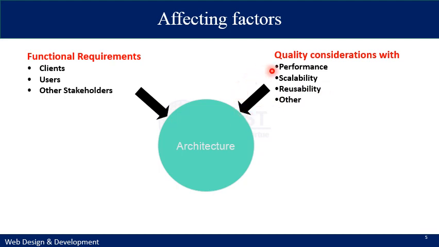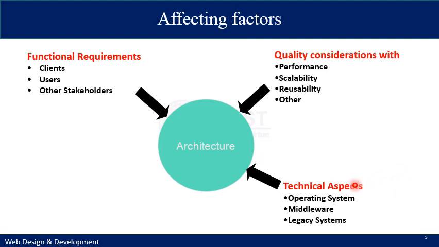If you want to improve performance, scalability, and reusability, you should use an architecture which provides separation of concerns, and which can be easily migrated, or to which new features can be easily added without requiring the redesign of your application. So a layering architecture is very helpful to provide scalability and reusability. It can also improve the performance and other quality considerations of your application.